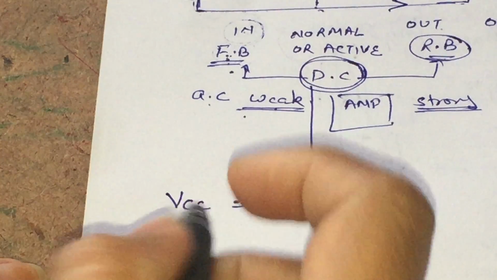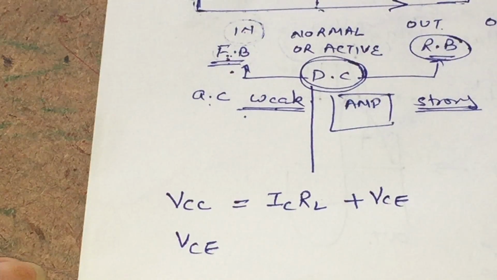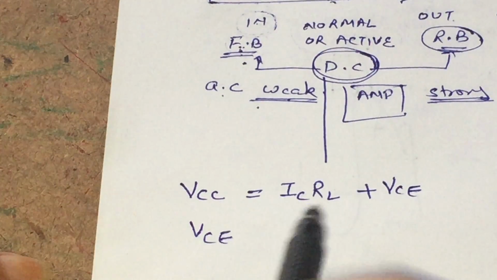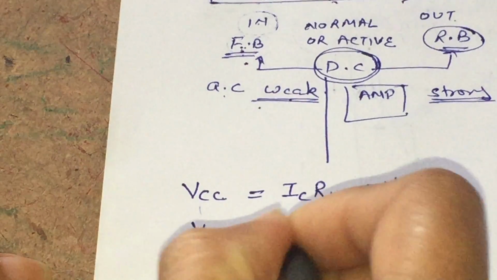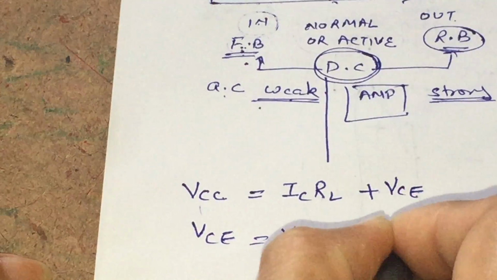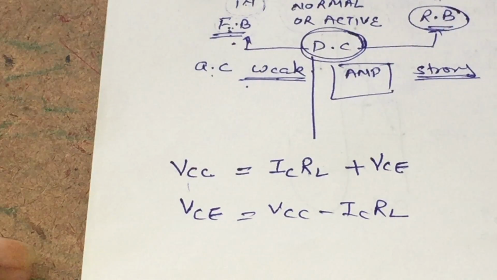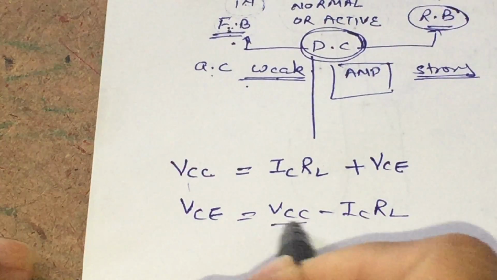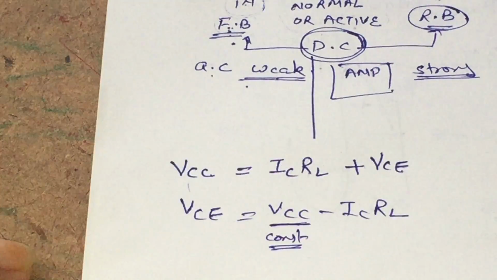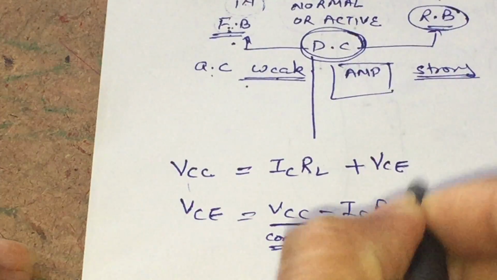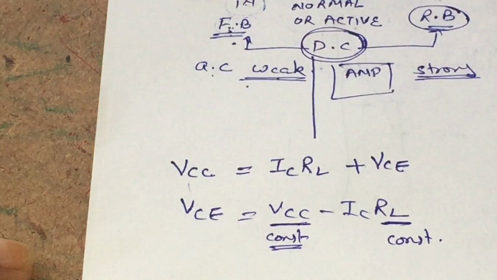Now we have to discuss the voltage across the output terminals, that is the collector and emitter terminals. From this equation we get VCE is equal to VCC minus ICRL. If you observe this equation, the reverse biased voltage VCC is a constant quantity, and the load resistance in the output circuit is also a constant quantity.